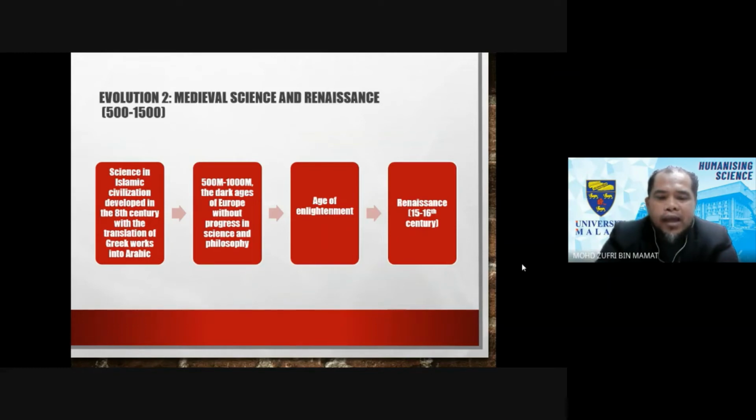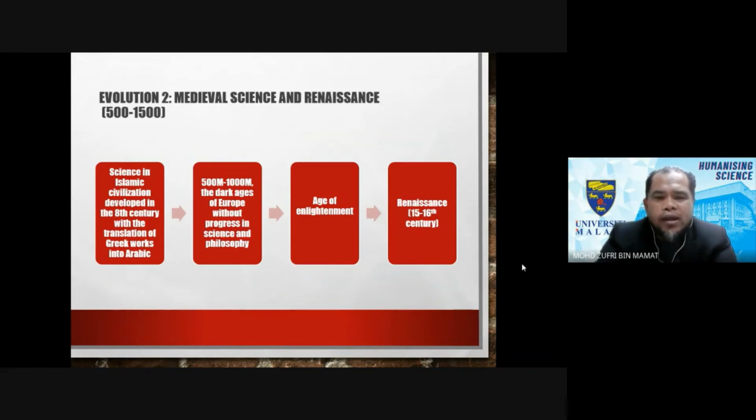Europe at that time was in the dark ages without progress in science and philosophy. At the same time, Islamic civilization inherited Greek science and philosophy through figures such as Al-Kindi, Al-Farabi, Ibn Sina or Avicenna, Ibn Rushd or Averroes, and Al-Khwarizmi.